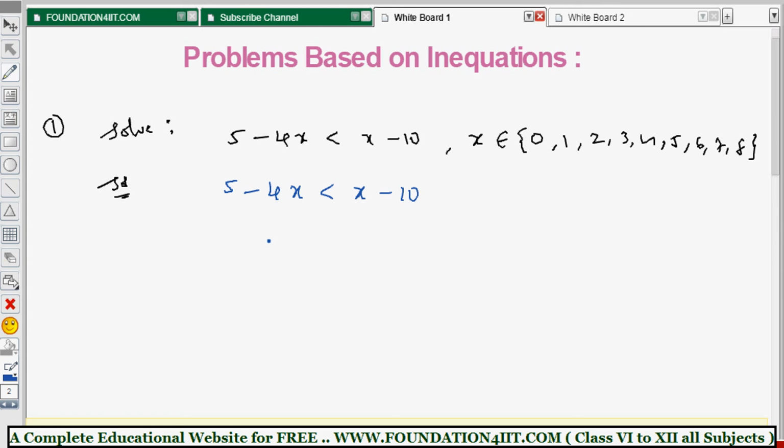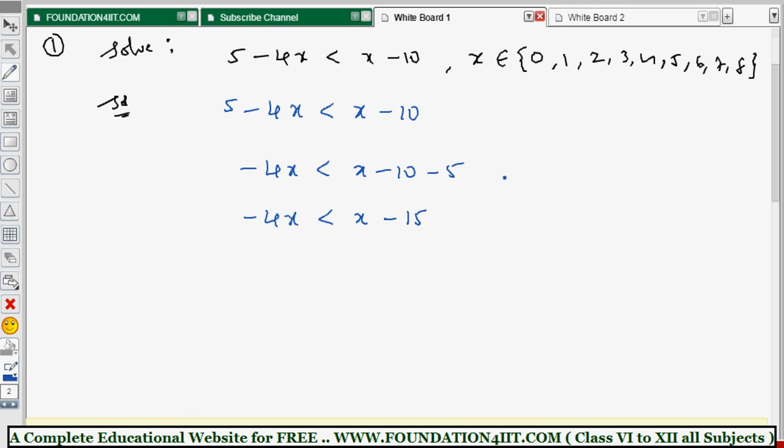Adding and subtracting cause no change. That means minus 4x less than x minus 10 minus 5. The plus 5 goes to the other side as negative 5. Then minus 4x less than x minus 15, since minus 10 minus 5 is minus 15.